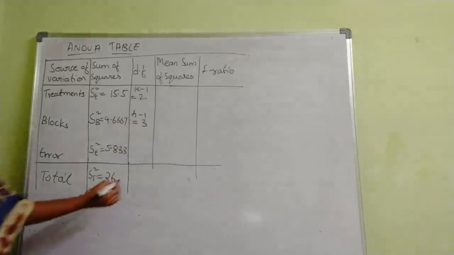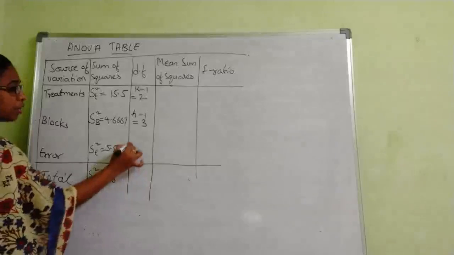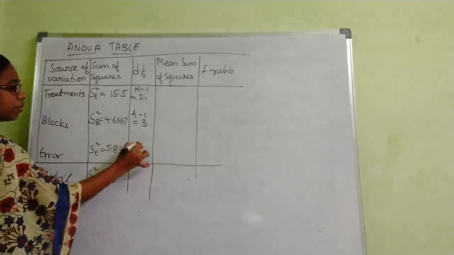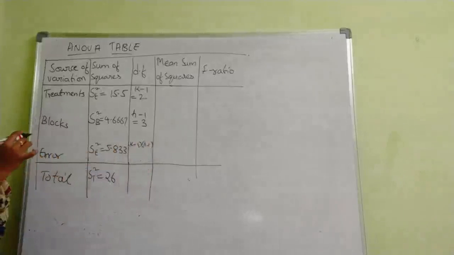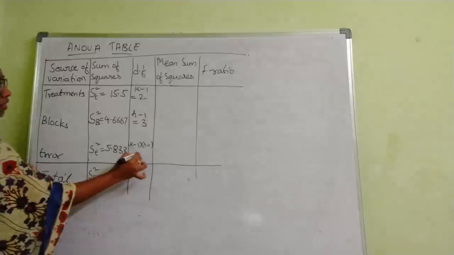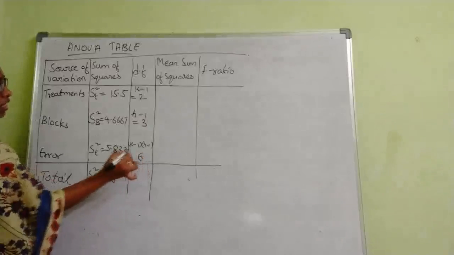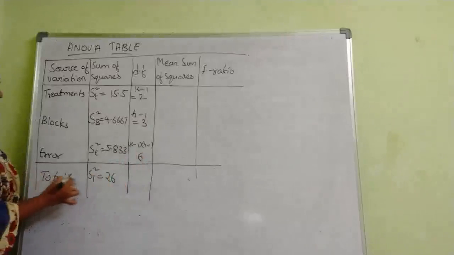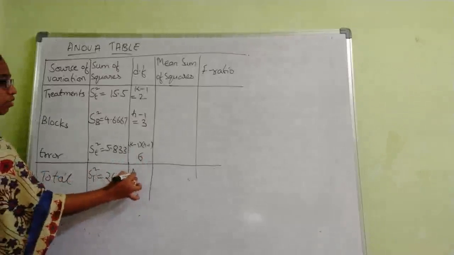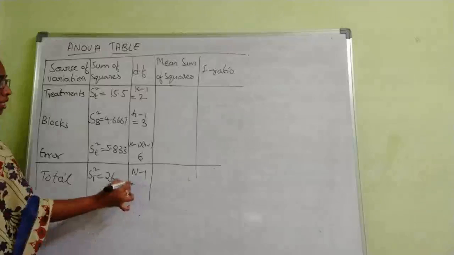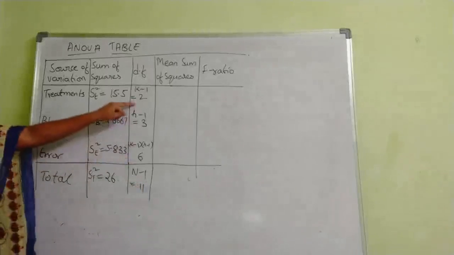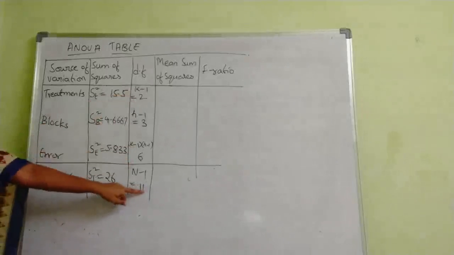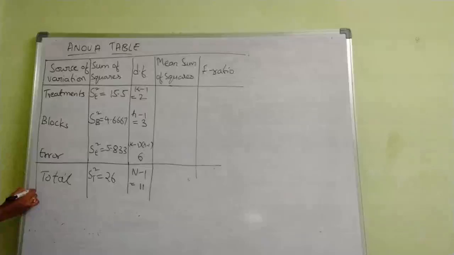For error, it is K minus 1 into H minus 1, that is 2 into 3, which equals 6. For the total sum of squares, the degrees of freedom is n minus 1, that is 12 minus 1, which is 11. If you add these 3, you have to get the total degrees of freedom also.